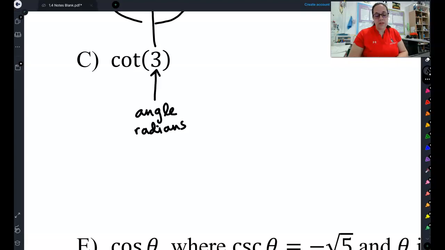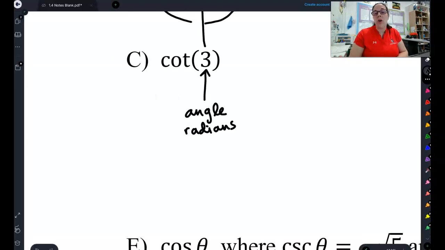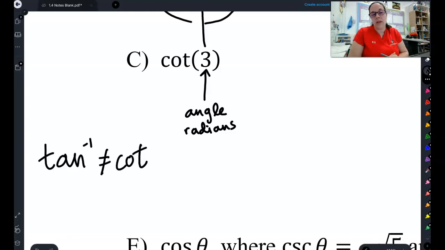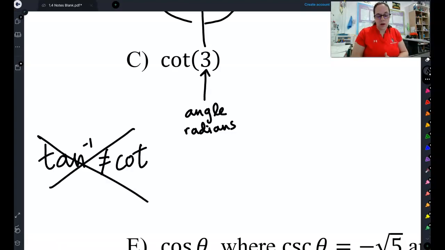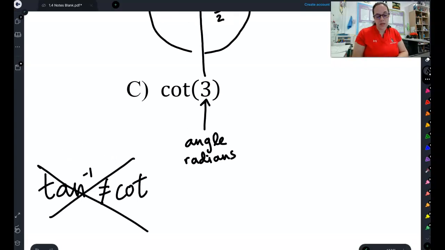You'll also notice that your calculator does not have a cotangent button. Now, it does have a tangent inverse button, tan^-1, but tan^-1 is not the same thing as cotangent. Those are different things. So, because our calculator doesn't have a cotangent button, we need to use our identities.